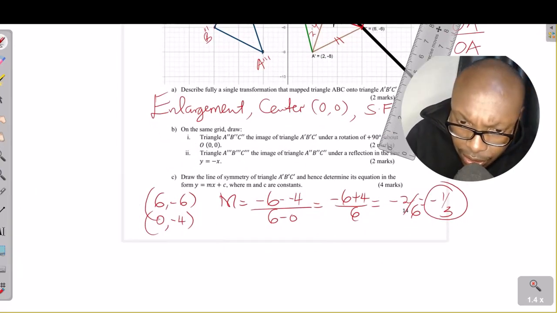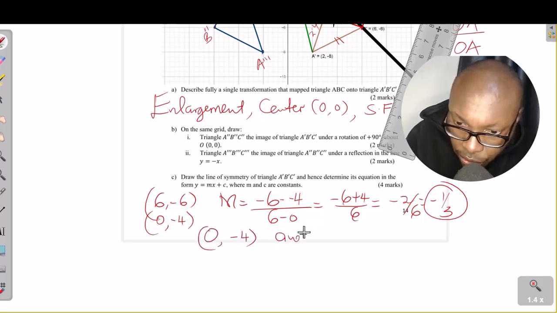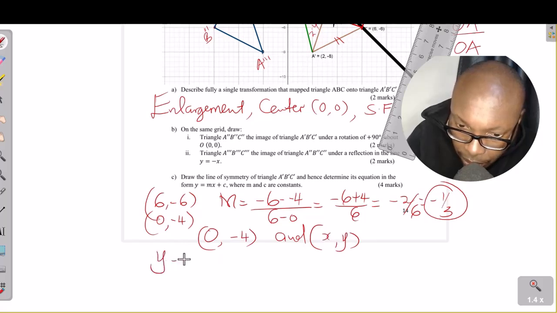Now, having the gradient, I can simply use the point (0, -4), and then introduce another general point on that line, (x, y). So I have the gradient, which is -1/3. So change in y, y subtract -4, divided by change in x, x subtract 0, is equal to -1/3.